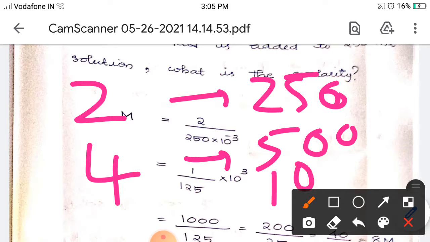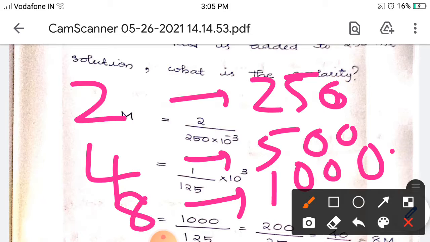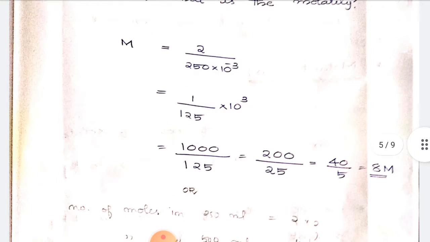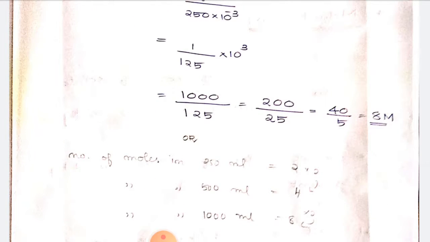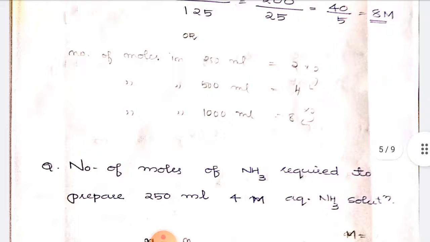And for 1000, how many? 8. Okay, fine. Likewise, you can calculate by using the concept, without writing the formula and substituting. So 8 is the molarity.